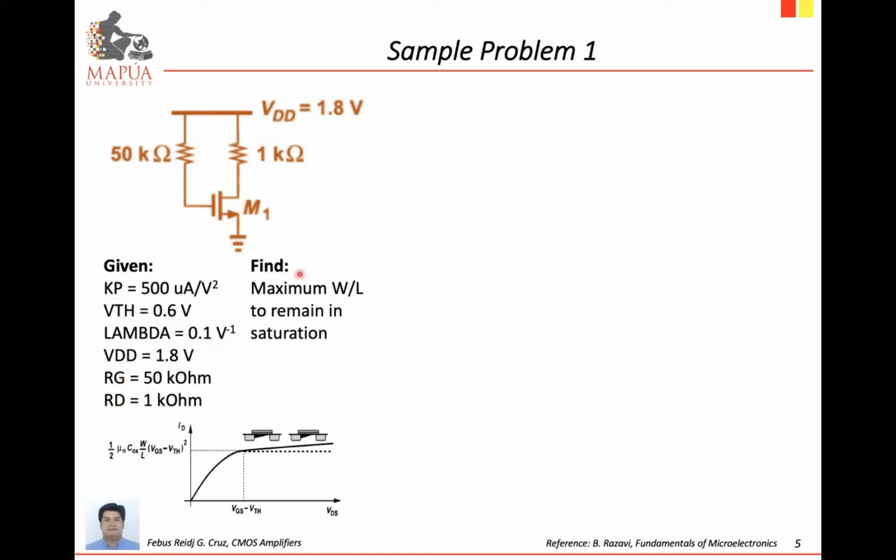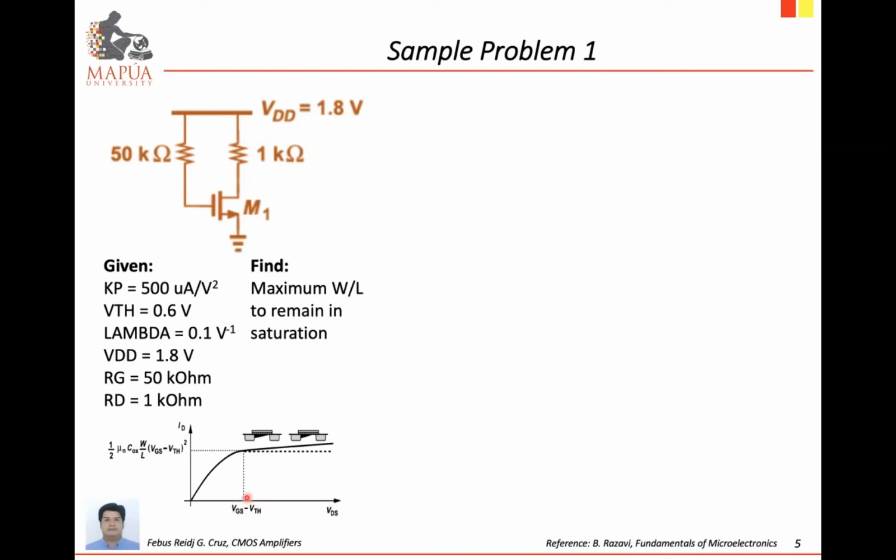We're asked to determine the maximum W over L, width over length, of transistor M1 to remain in saturation. When we say remain in saturation, we are referring to the condition wherein VDS is equal to VGS minus VTH.